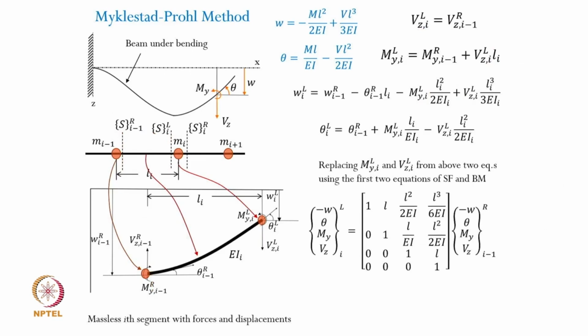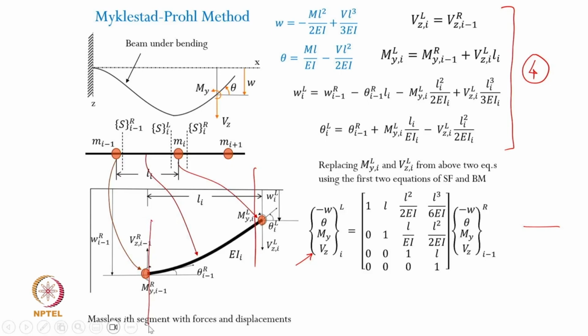And then I can club all of these, or I can represent all these four equations in a matrix form, which relates all the state variables on the left of the ith mass to the state variables on the right of the i minus 1th mass.